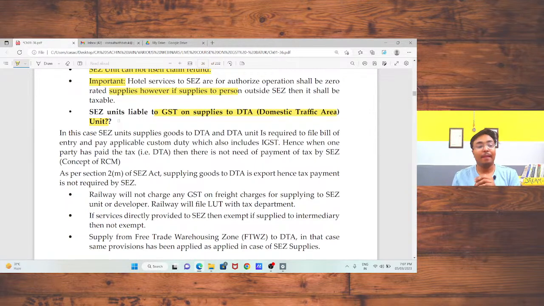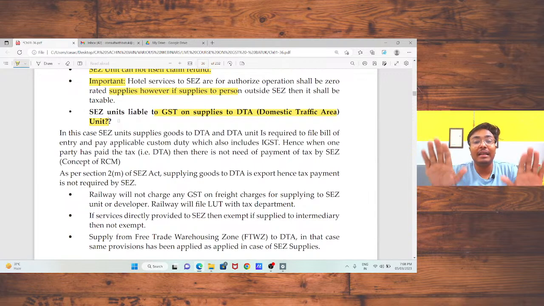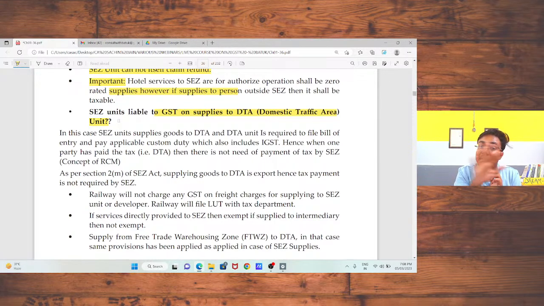If an SEZ unit is going to supply any services or goods to any entity registered in the domestic tariff area, in that case the domestic entity pays the tax under reverse charge mechanism. If the recipient is going to pay the tax under reverse charge mechanism, the supplier is not liable to pay any type of tax. It is a basic concept, because when the recipient pays the tax, the supplier is not liable to pay the tax.